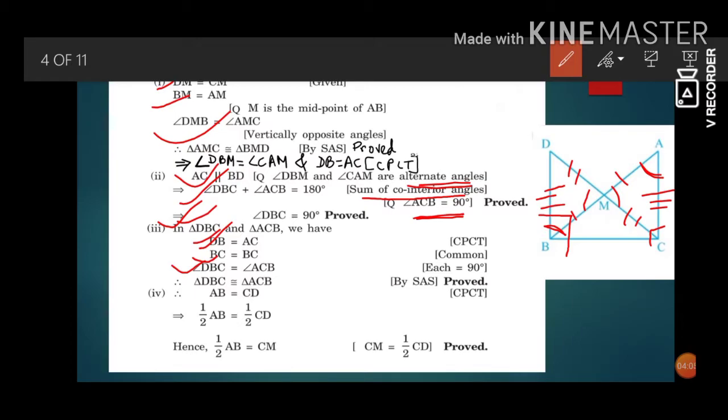So we can say that triangles DBC and ACB are congruent to each other by the side angle side congruency rule. Since these two triangles are congruent, we can say AB is equal to CD, from CPCT.